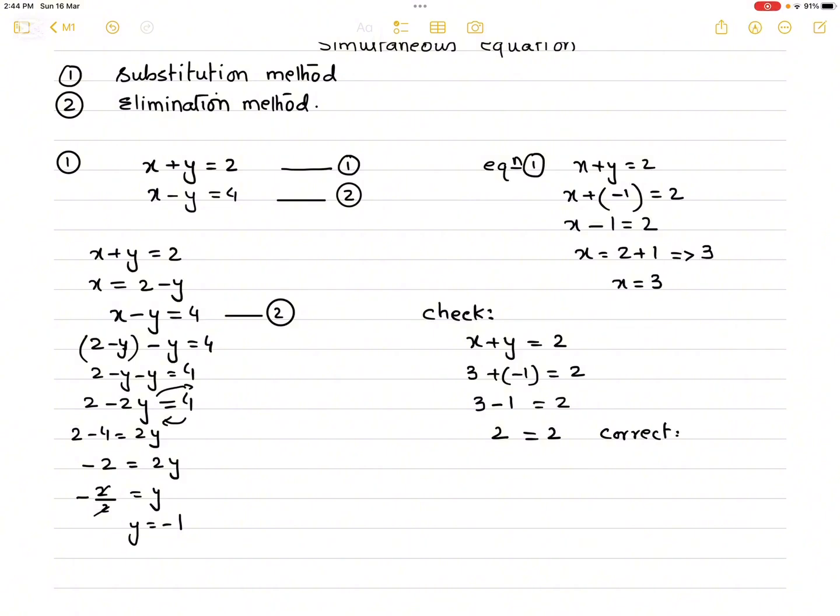Okay, this was actually substitution method. Let me write it on the top with a different color.